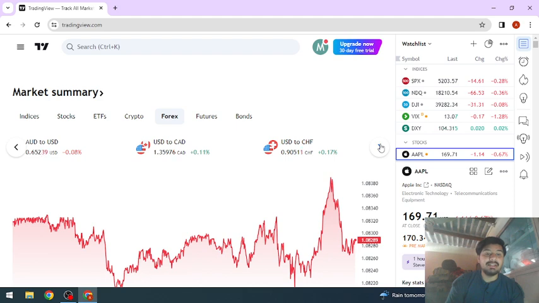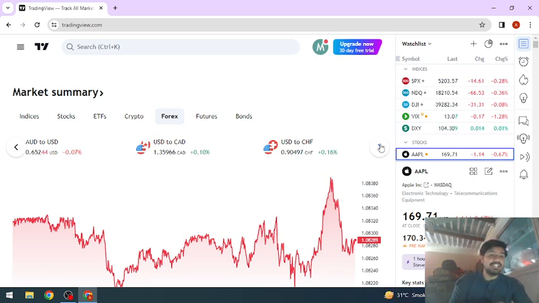The next pair is USD and Canadian dollar. So forex trading only works on currency pairs. You can trade in currency pairs.